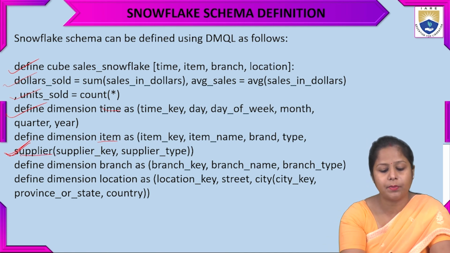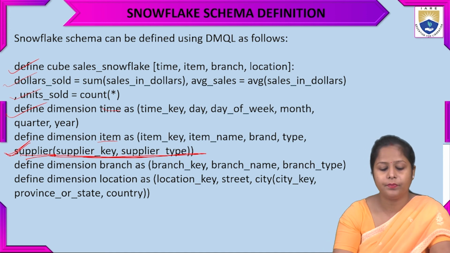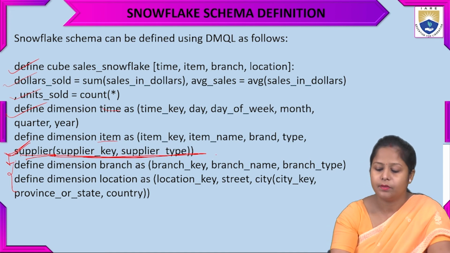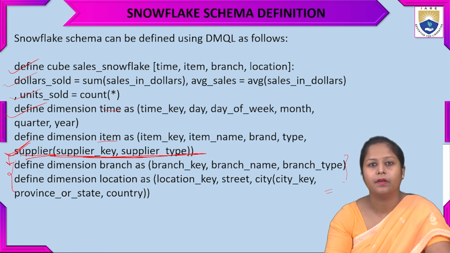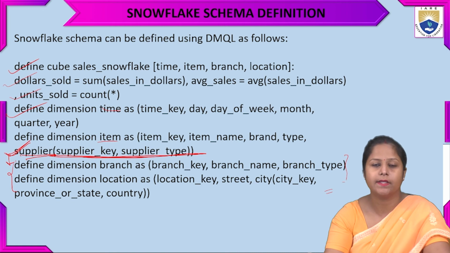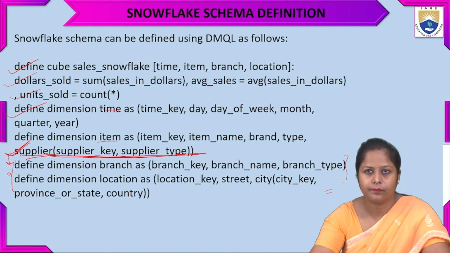For the supplier table, the query needs to be written. So that is the major difference. Again, the definition will be for branch and location. And all the things will stop here. So these are the 5-6 lines we need to write for the Snowflake schema as a definition.